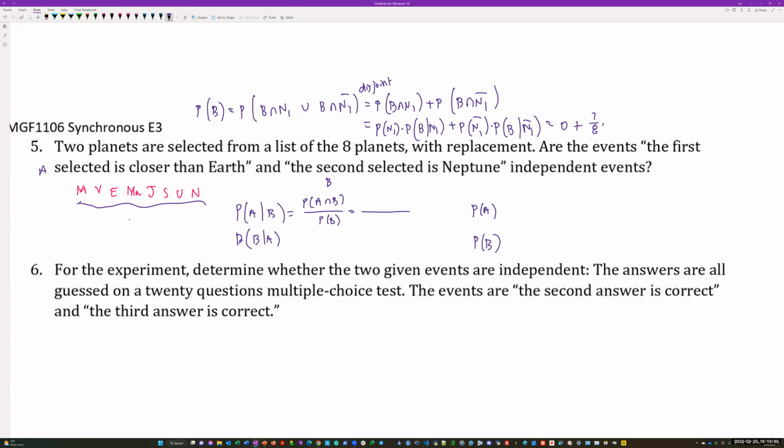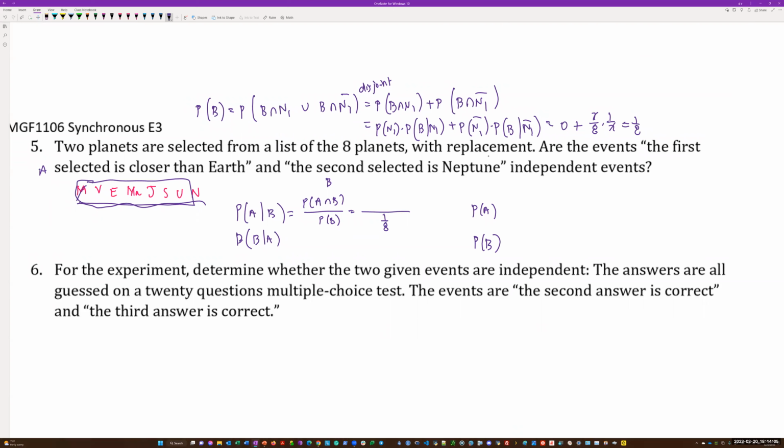What's the chances now that we end up getting Neptune on the second one? So I don't know what we picked the first time. We picked one of these first 7 things here, right? One of them's gone. What's the chance we get Neptune on the second one now? 1 out of 7. So in other words, it's 1 out of 8 is the answer that we get Neptune.